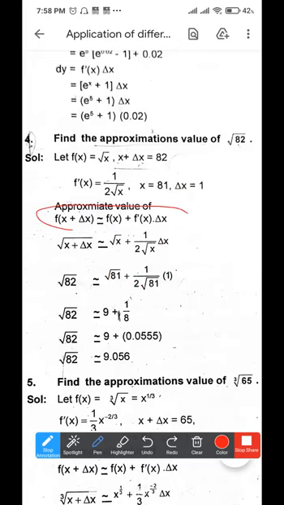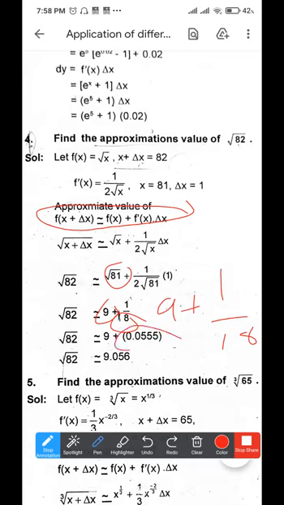Root 81 is 9, and 1 by 2 root 81 is 2 nines are 18. So 9 plus 1 by 18. Now 1 by 18 is easy to find. 1 divided by 18 will be 0.0555. So approximately we can write it as 9.056. The value of root 82 is nothing but 9.056.